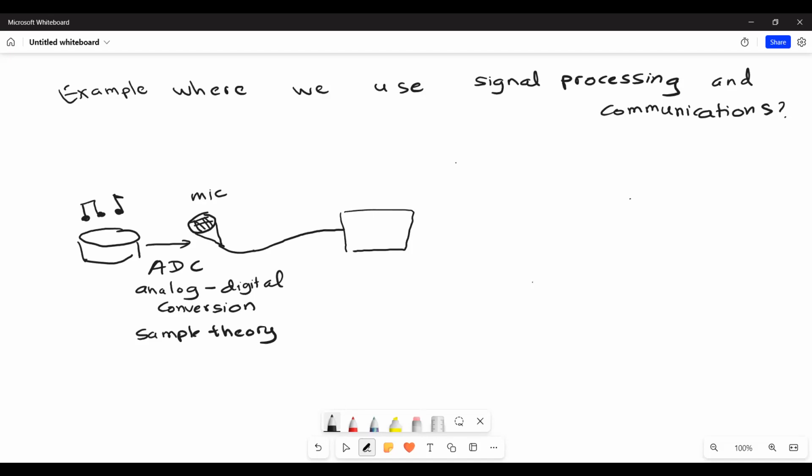Before processing, at the mic we convert the analog signal to a digital signal, so we have a digital signal output from the mic. The digital signal will flow from the mic to the music processing unit.